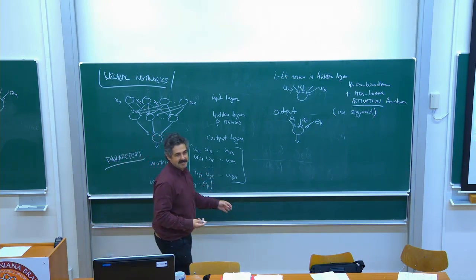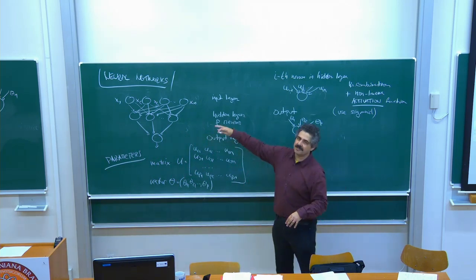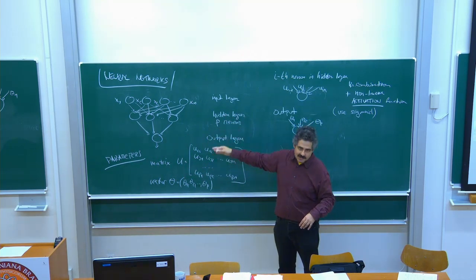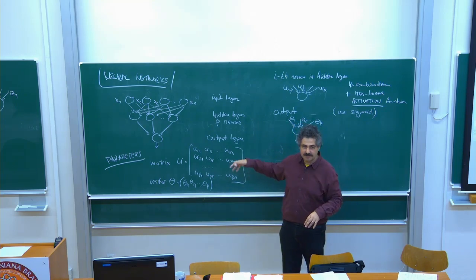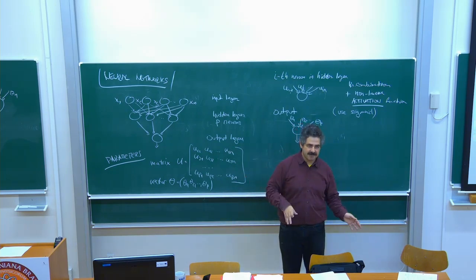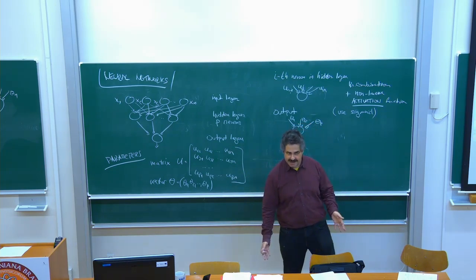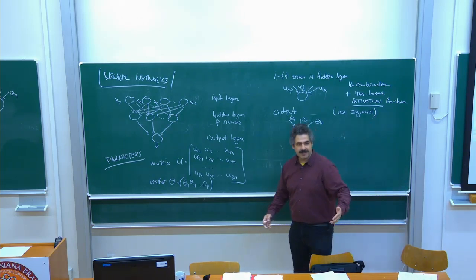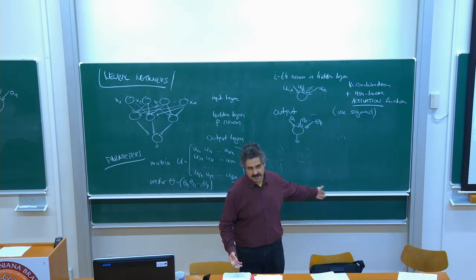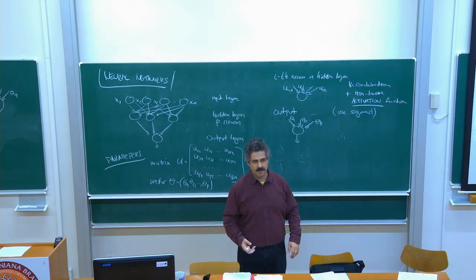You have nice libraries where you specify this layer, this layer, connect them in this way, then use this error function at the end, and optimize. You do some magic, which is very related to what we are doing here, but avoids all the numerical problems, because lots of people spent lots of time writing this. You don't need to worry about that. It looks like black magic, but it's not, because we are showing you at least an example of how it works.